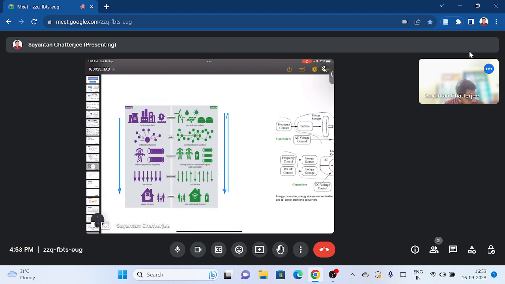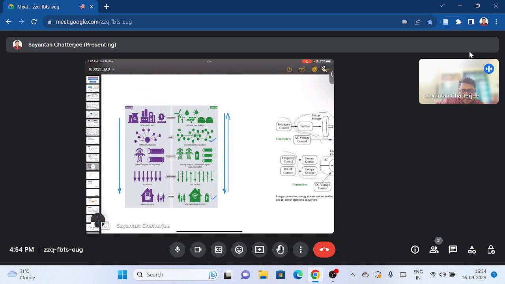Based on this technique, in the decentralized approaches, the customers have become prosumers. That's a major advancement in the system.